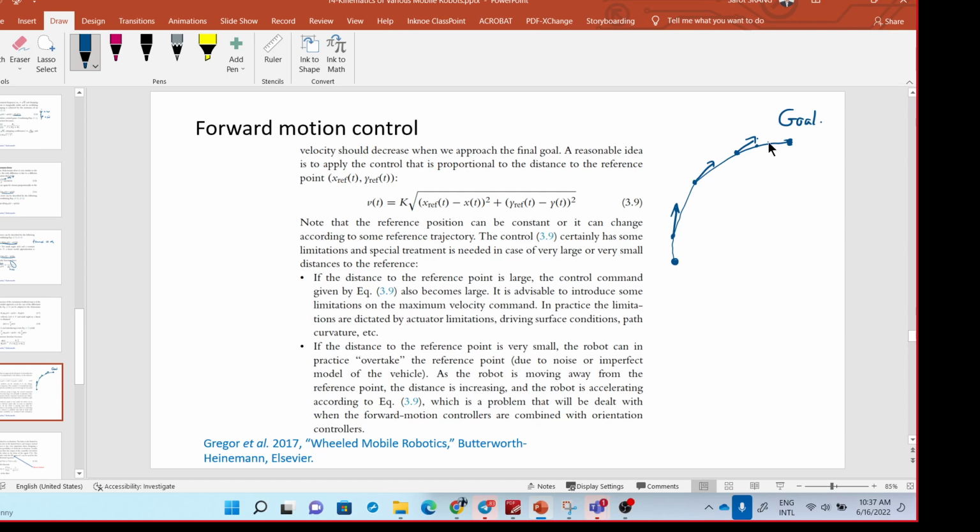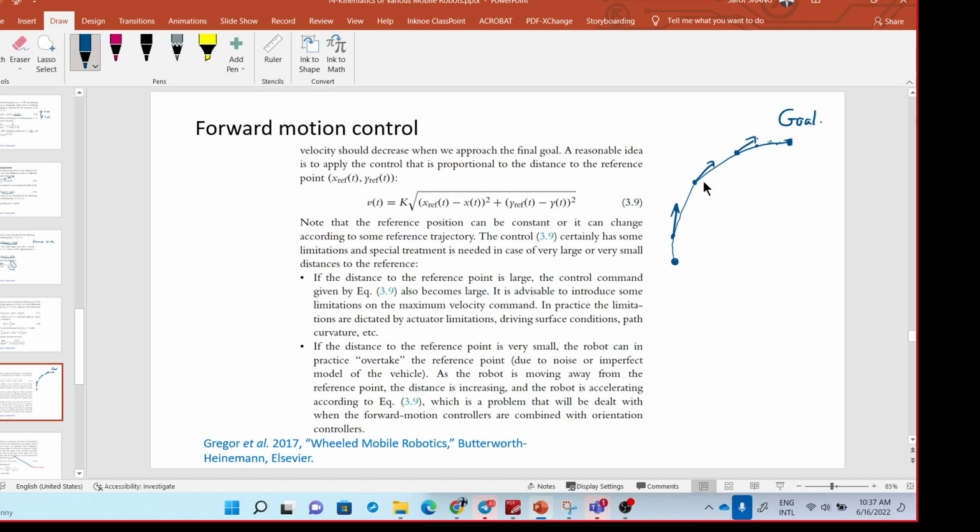When it is close to the goal, the distance is small, then the linear velocity is also small. So when it arrives at the goal, the linear velocity must be zero.